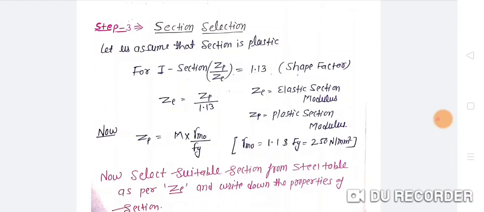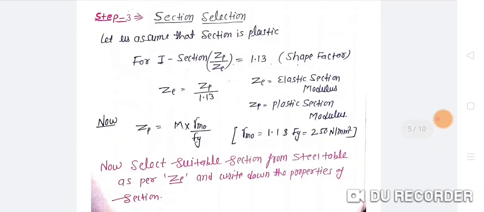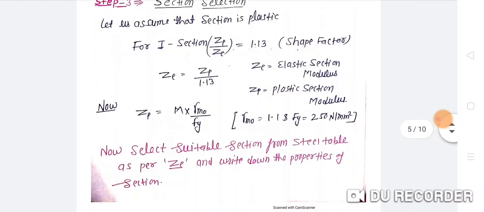For this purpose we calculate the elastic section modulus Ze, using the shape factor. Shape factor is the ratio of plastic section modulus to elastic section modulus, and for I sections the shape factor is approximately 1.13. Now Ze is equal to Zp upon 1.13, where Zp is the plastic section modulus.